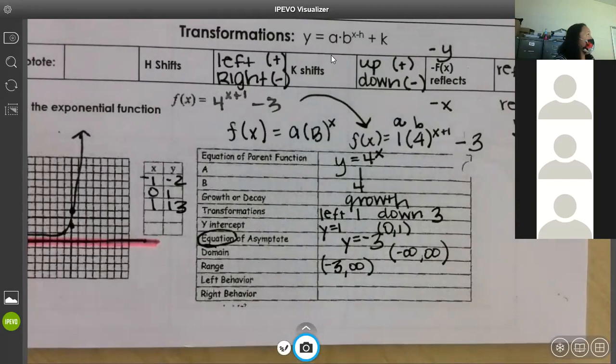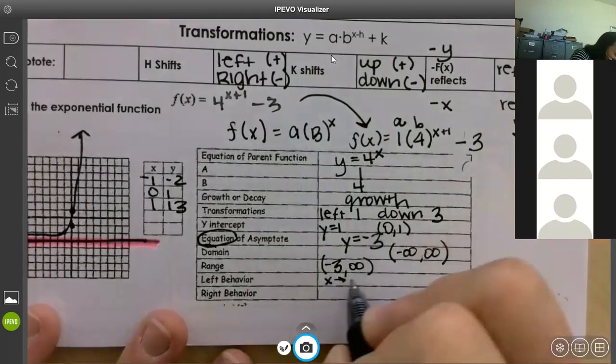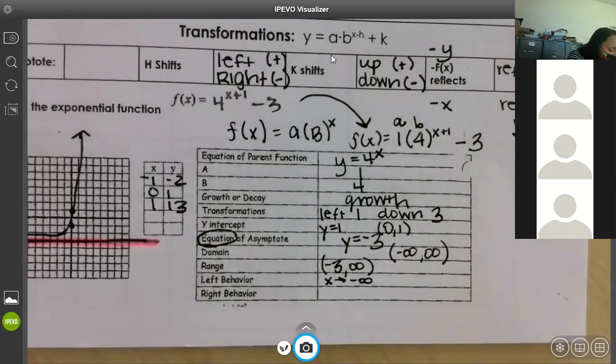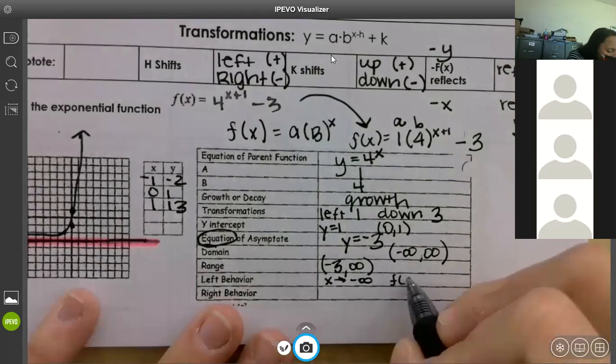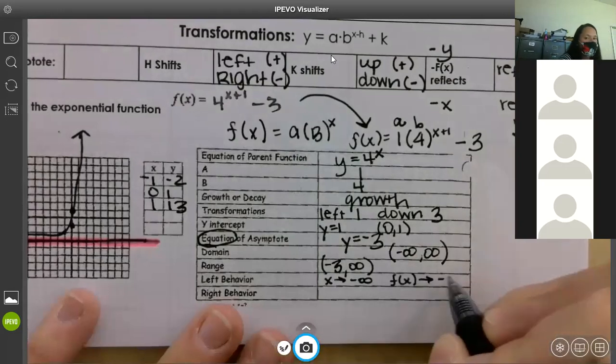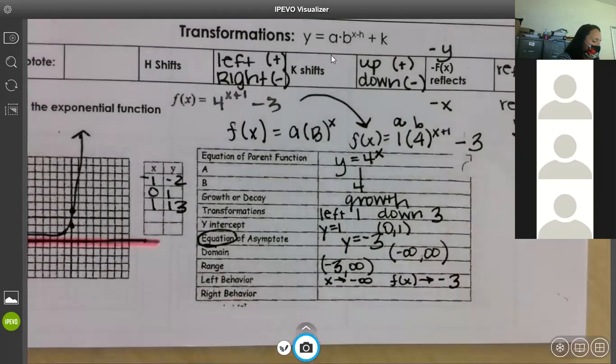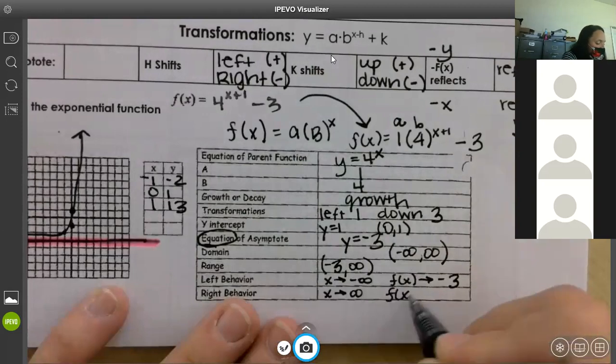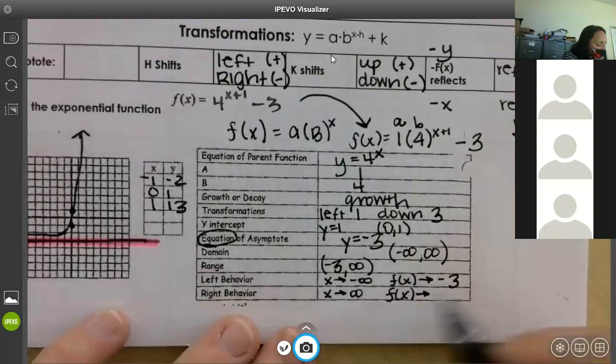So it only goes to -3, right? If we were doing end behavior, and I don't like this necessarily, this is kind of a little bit over you guys. f of x is going to -3. So on the left, we would go to -3. Now on the right is what you already know. Where's the right side going? Infinity.